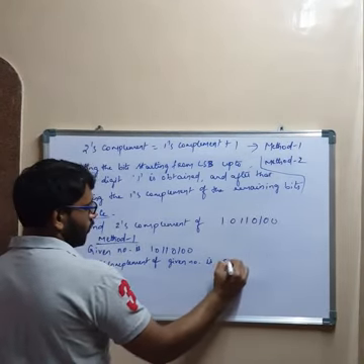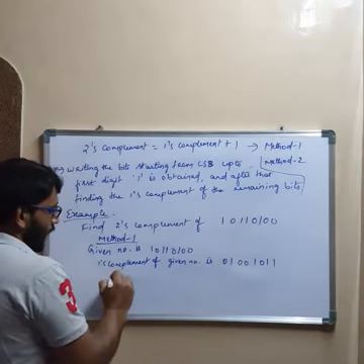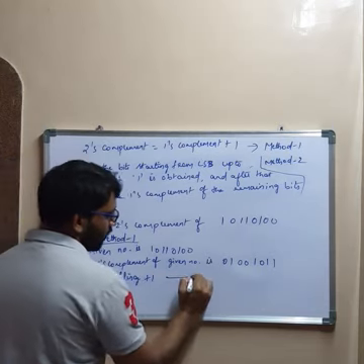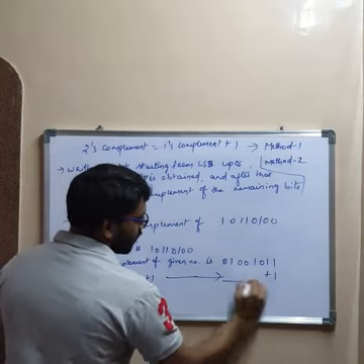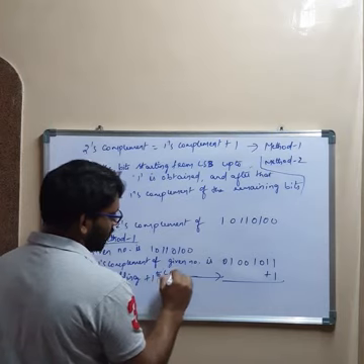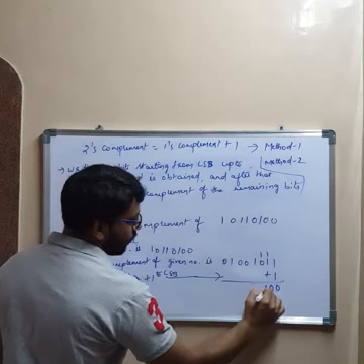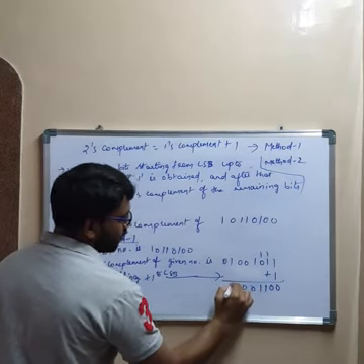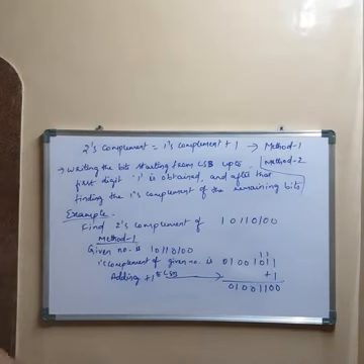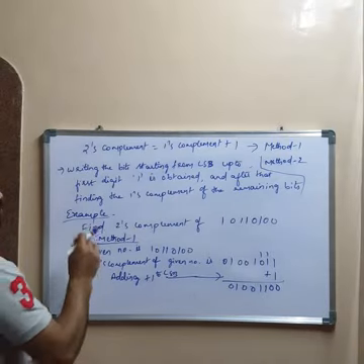So 01001011, and adding plus 1: from the LSB, 1 plus 1 is 0 carry 1, then 1 plus 1 is 0 carry 1, giving 01001100. So this is the 2's complement of the given number by method 1. Let us see method 2.